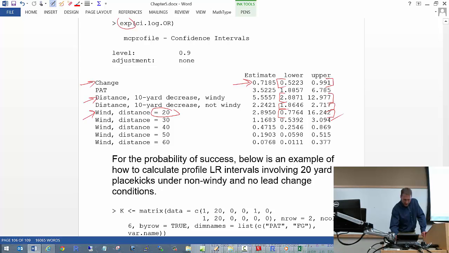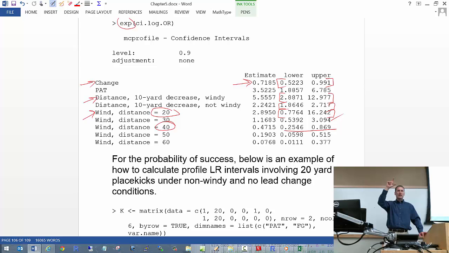30 yards, similar. But now at 40 yards, look what happens. Now my confidence interval is completely less than 1. So what that's saying to me is that, again, I'm comparing windy versus not windy. So windy's in the numerator, not windy's in the denominator of those two odds.